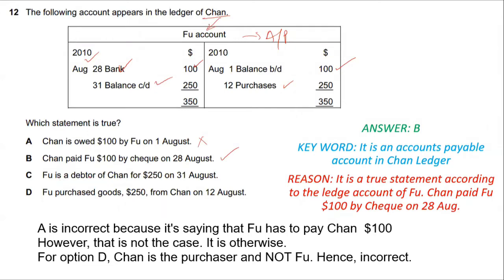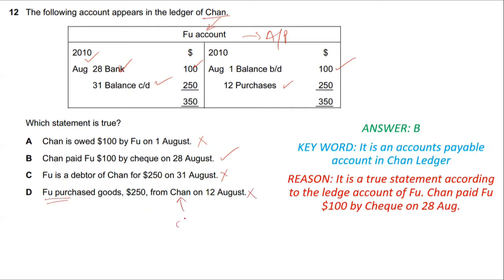Option C says Fu is a debtor of Chen. No, it's not a debtor. It's a creditor. That's absolutely wrong. Fu purchased goods of $250 from Chen on 12th August. So Chen purchased goods worth $250, not Fu.